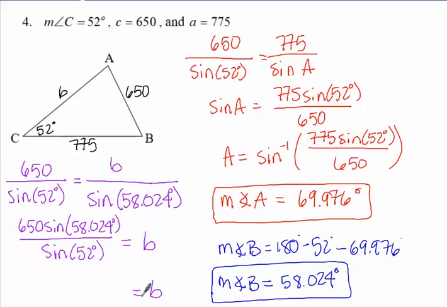If you plug that in your calculator, you get that side B is 699.706.